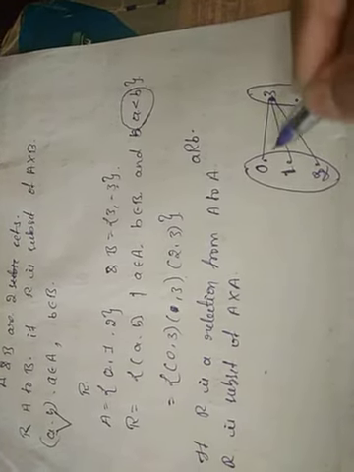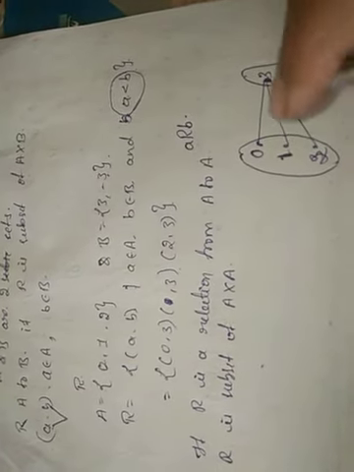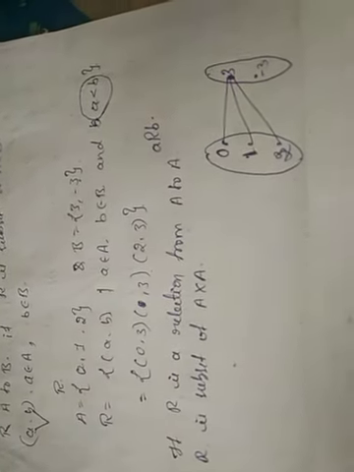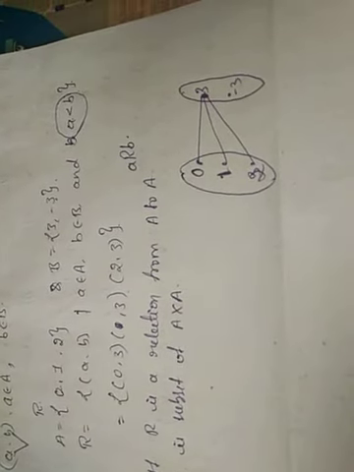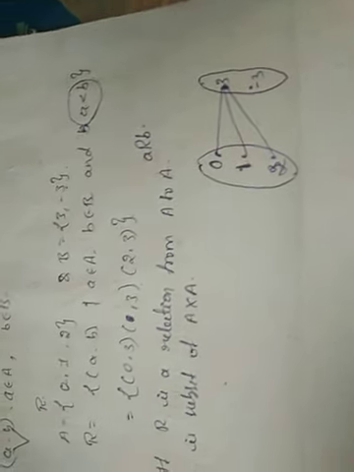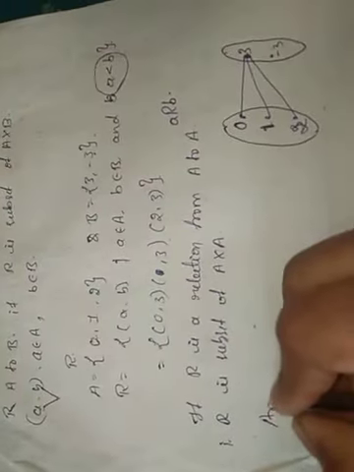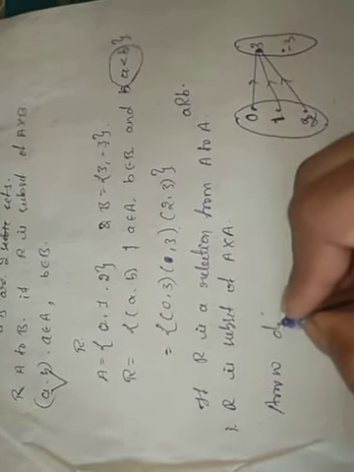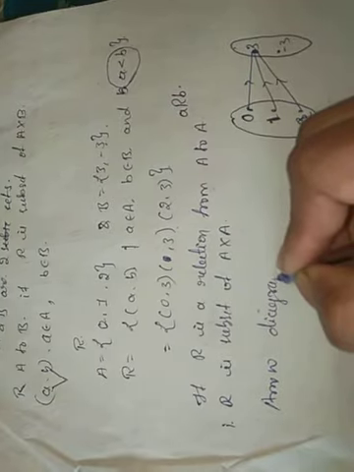We join the elements, which are the ordered pairs. This is called an arrow diagram.